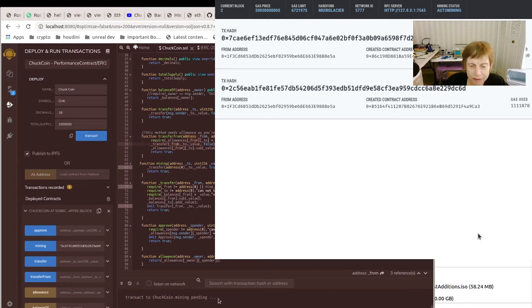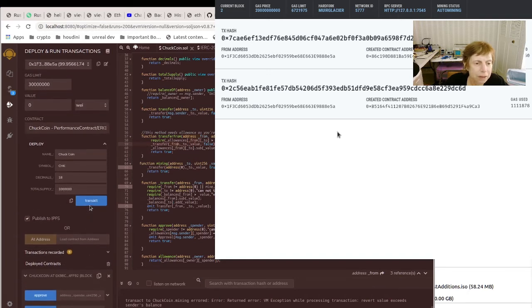Revert, exceeds the amount. Ah, now it's saying exceeds gas limit.